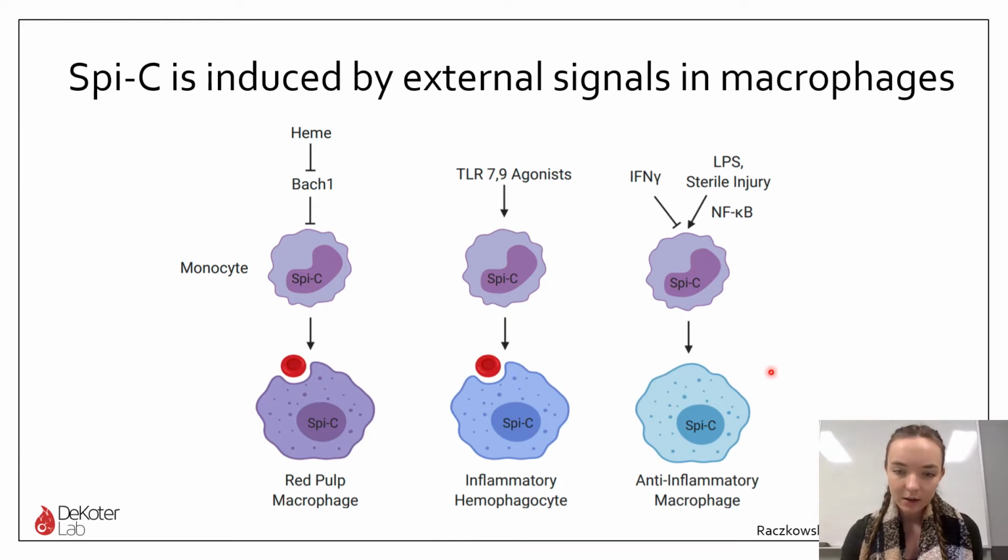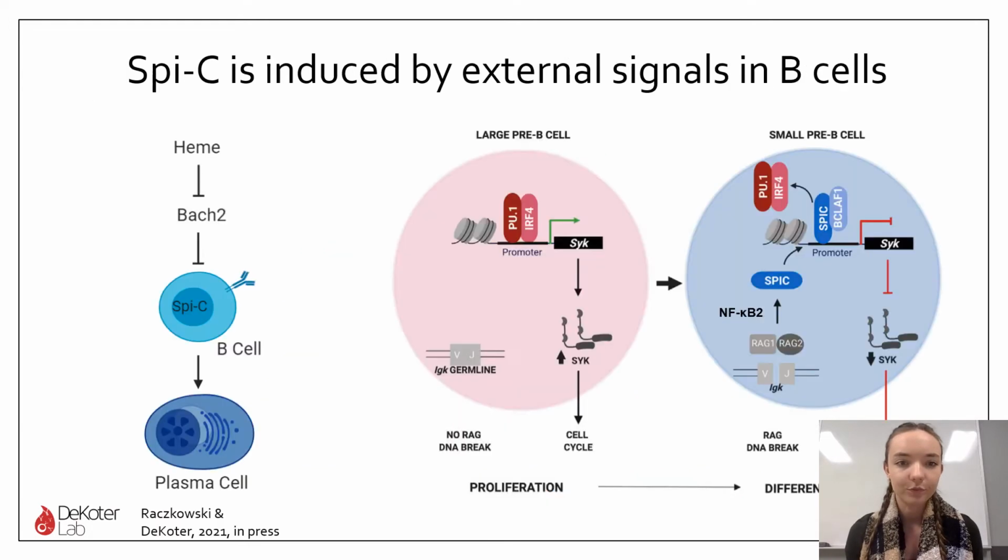On the right here, it was shown that Spi-C becomes highly activated in response to LPS, or sterile injury, in an NF-kB dependent pathway. What Spi-C does here is convert macrophages in inflammatory environments to a more anti-inflammatory phenotype. This is thought to modulate inflammatory responses and ensure that they don't get out of control.